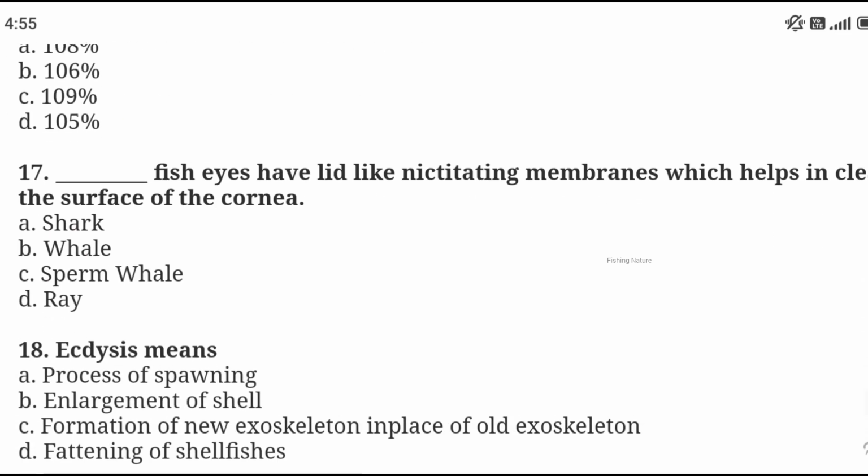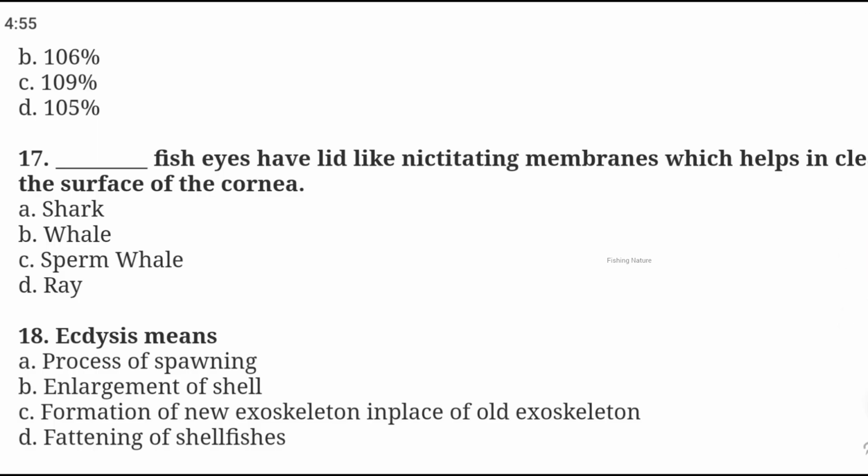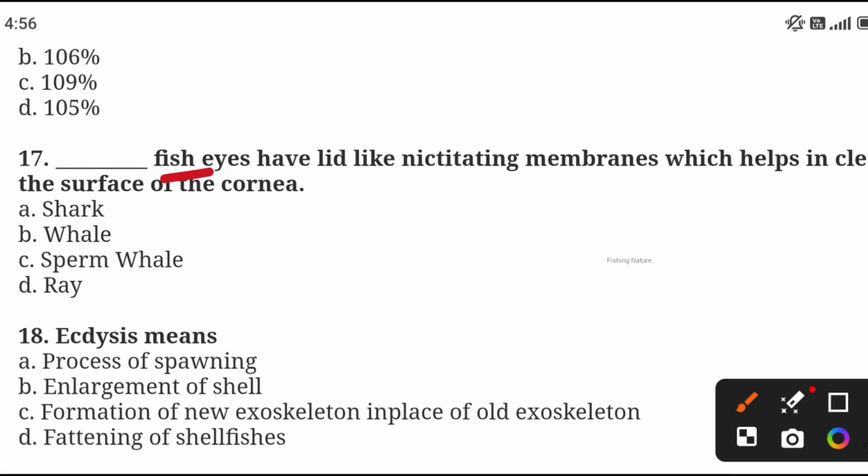Next, dash fish eyes have lid-like nictitating membranes which help in cleaning the surface of the cornea. Which type of fishes have these nictitating membranes on the cornea surface?